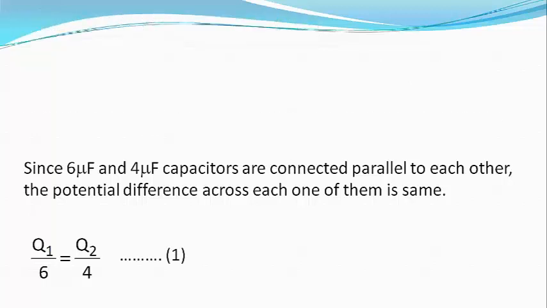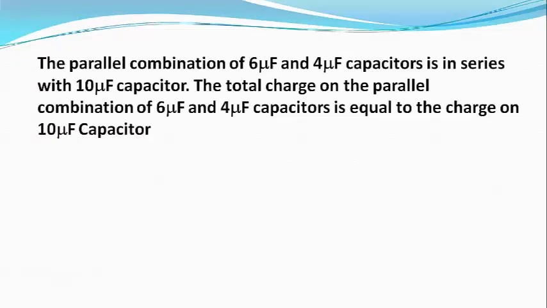Furthermore, since the parallel combination of the 6 microfarad capacitor and the 4 microfarad capacitor is connected in series to the 10 microfarad capacitor, the total charge on the 6 microfarad and 4 microfarad capacitors is the same as that on the 10 microfarad capacitor.